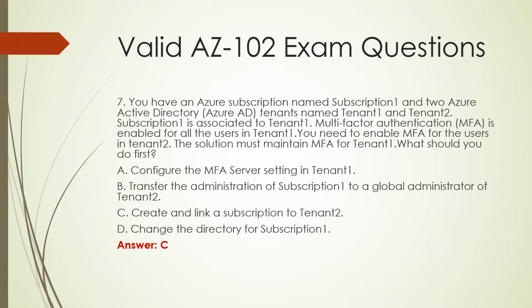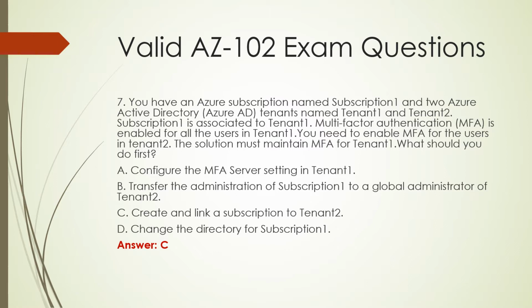7. You have an Azure subscription named Subscription1 and two Azure Active Directory (Azure AD) tenants named Tenant1 and Tenant2. Subscription1 is associated to Tenant1. Multi-factor authentication (MFA) is enabled for all the users in Tenant1. You need to enable MFA for the users in Tenant2. The solution must maintain MFA for Tenant1. What should you do first?